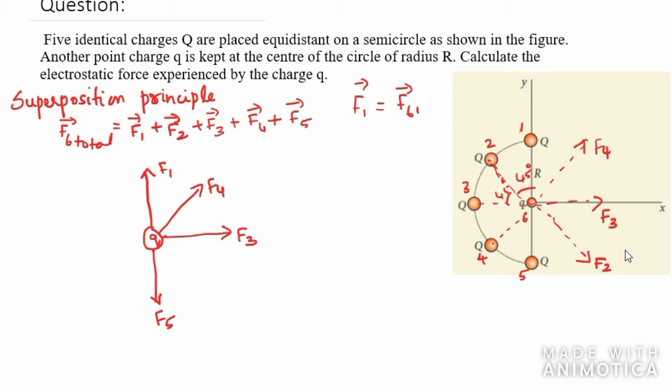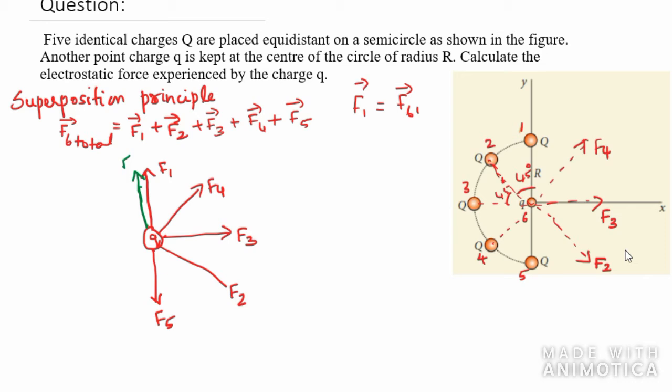Now we will find the vertical and horizontal components of F4 and F2. All the forces are equal in magnitude.